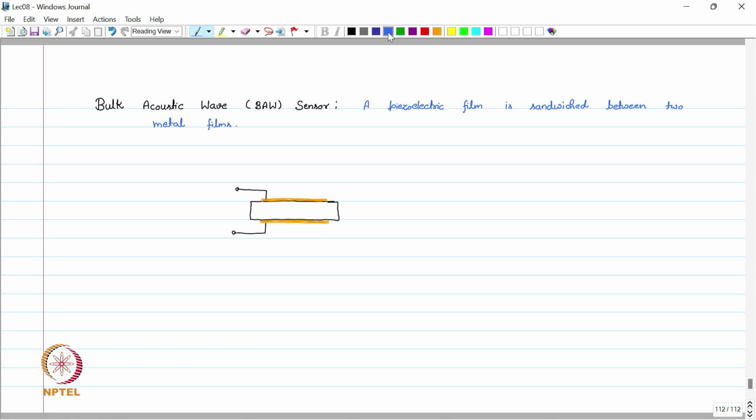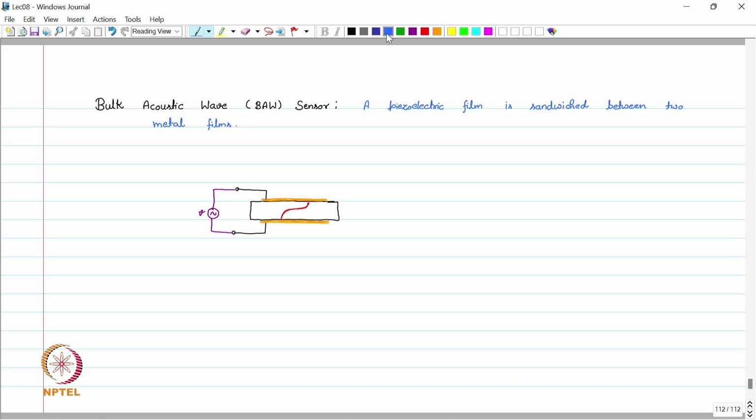When we apply an electrical signal across these terminals, let's say I apply a signal here, then there will be an acoustic wave generated in between these two electrodes, and it will be propagating within this piezoelectric material, something like this.